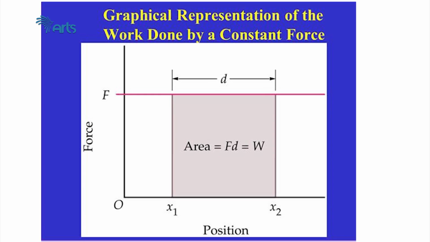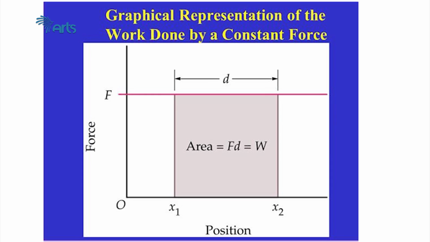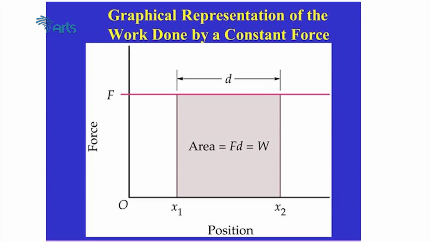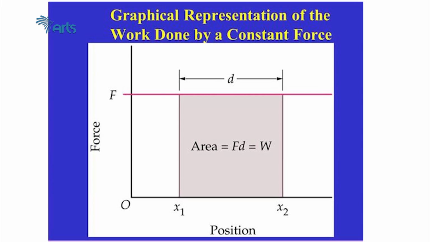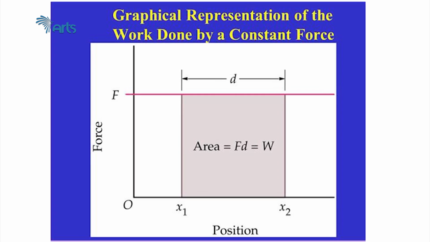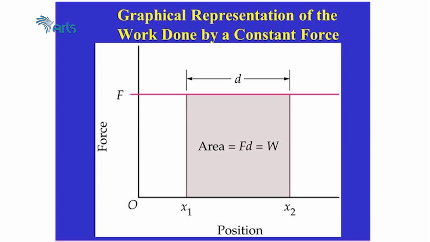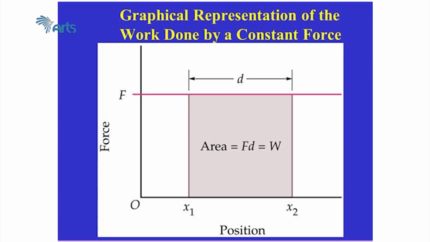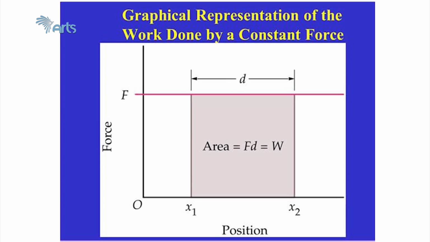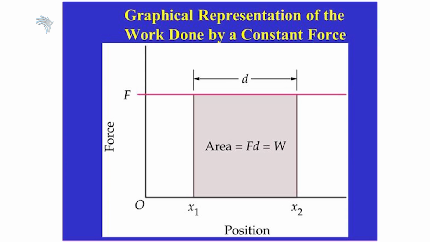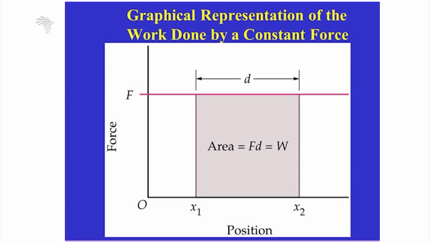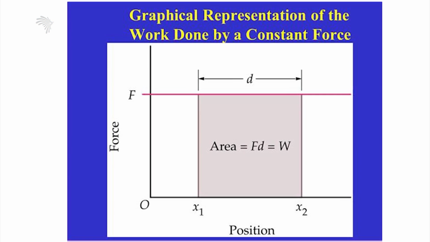To find the amount of work done by this constant force to displace an object from position x1 to position x2, you can simply calculate the area enclosed by the graph. Here, since the force is constant, you always have a rectangle, and the area enclosed by the graph is equal to the amount of work done by that constant force.